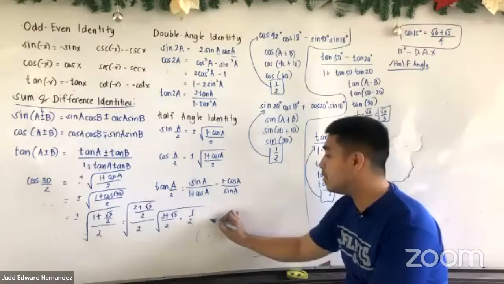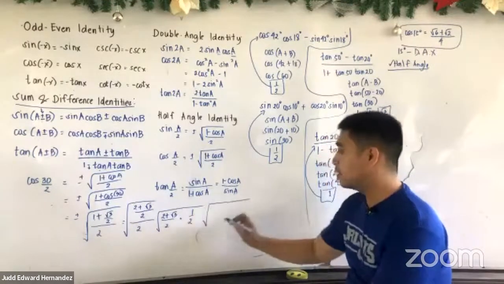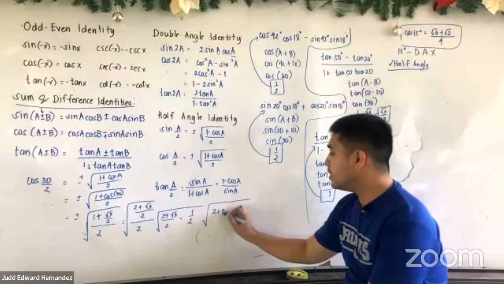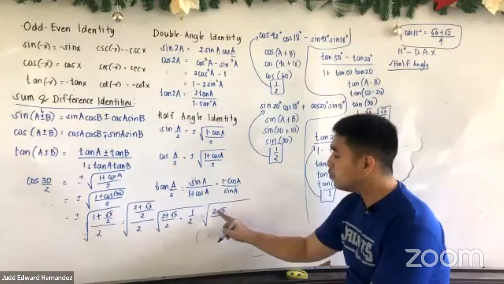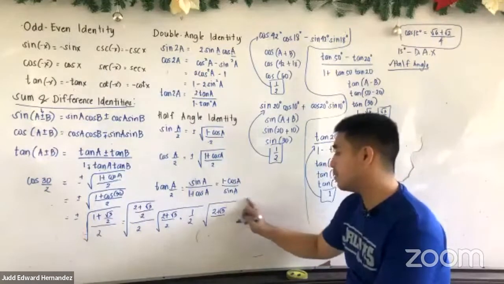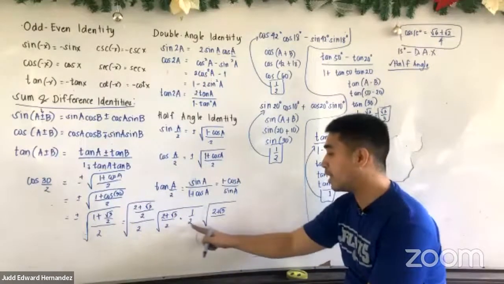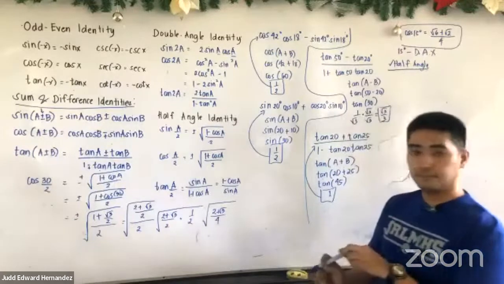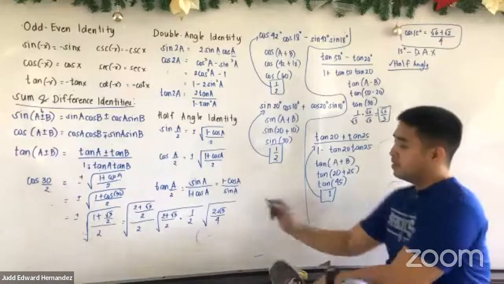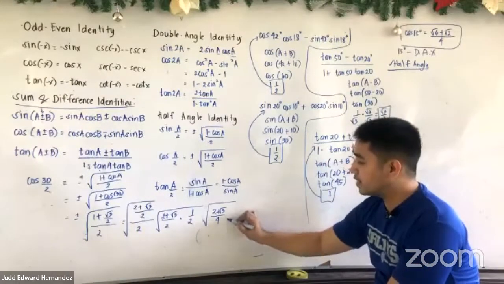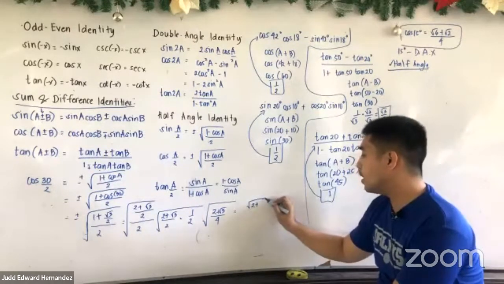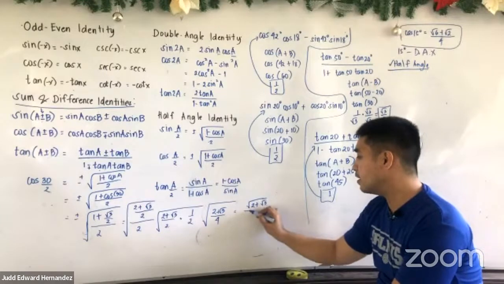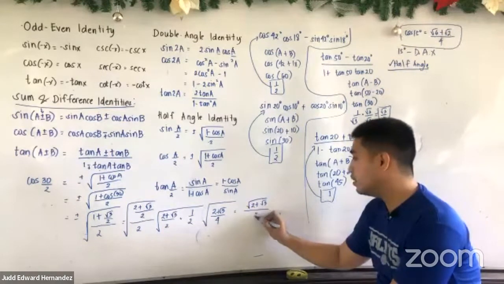Therefore, this is now equal to the square root of 2 plus square root of 3, multiplied by 1, over 2 times 2, which is 4. So we take 4 out of the root sign. Therefore, it becomes square root of 2 plus square root of 3 over 2.